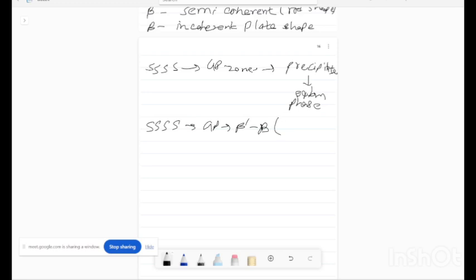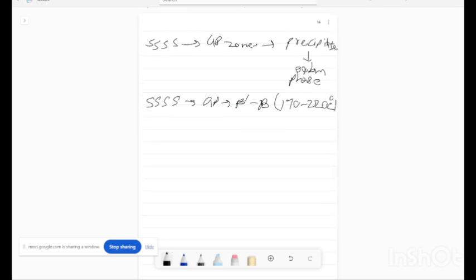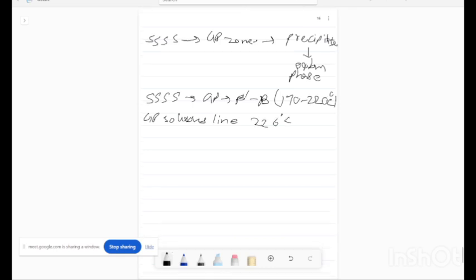This is at the temperature of 170 to 220 degrees Celsius. And the GP zone solvus line starts from 226 degrees Celsius in the phase diagram.